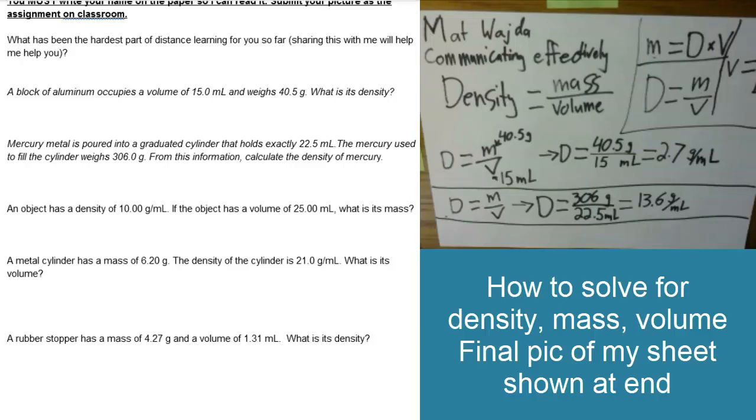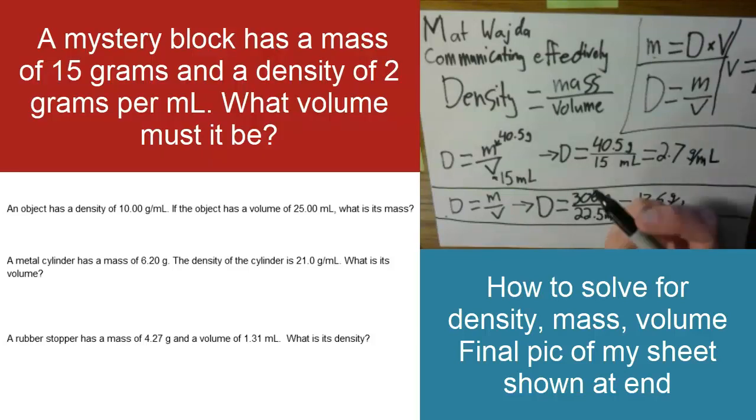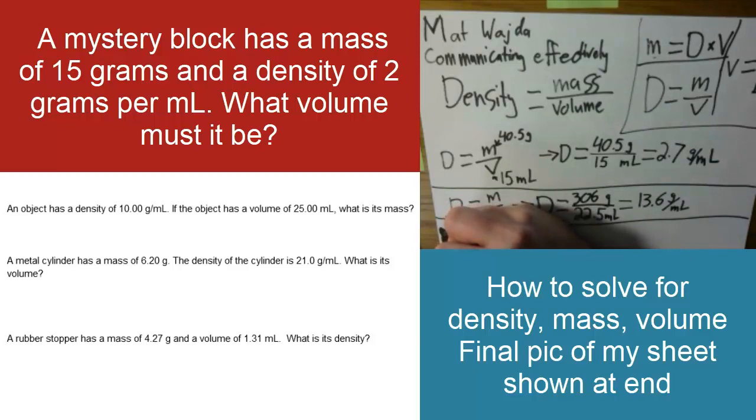So for the last one, we're going to be using a mystery block. So this block, we know its mass and we know its density, but we don't know what volume it takes up. So you have mass of 15 grams.